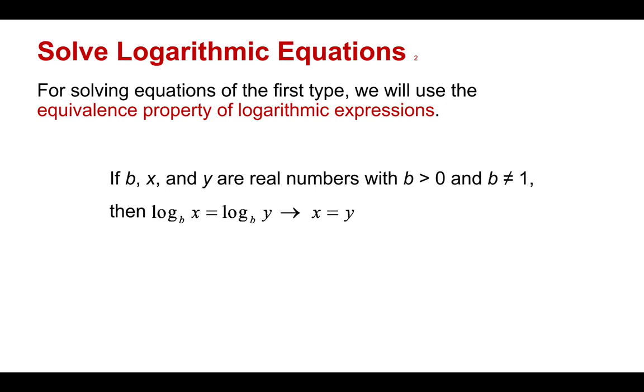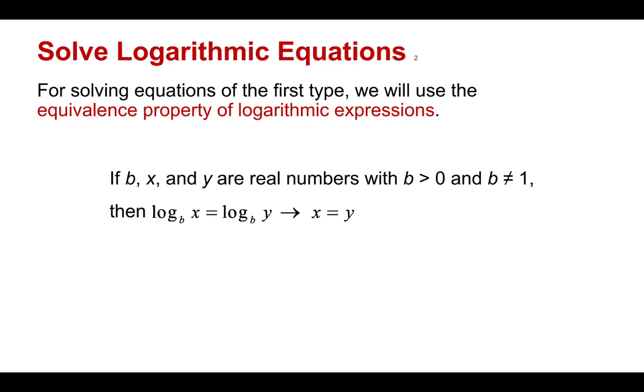So here is the way we use this for solving equations of the first type. We're going to use the equivalence property of logarithmic expressions. Just like there was an equivalence property for exponential expressions, there must be one for logarithmics, because these two functions are direct inverses. If there is one in one, it has to be in the other.